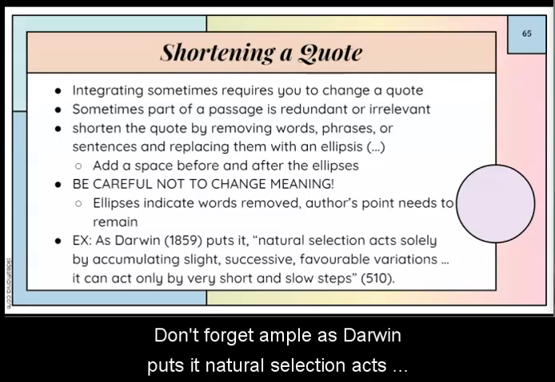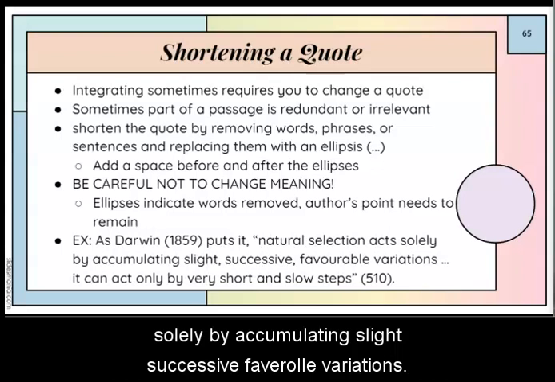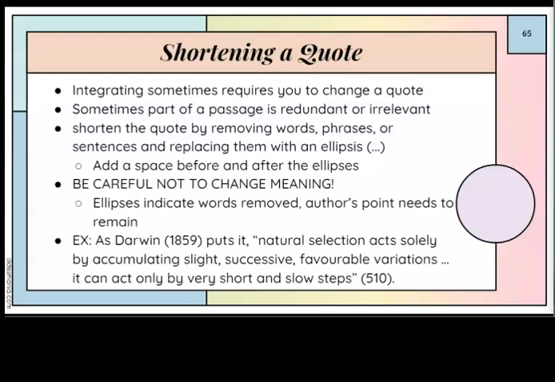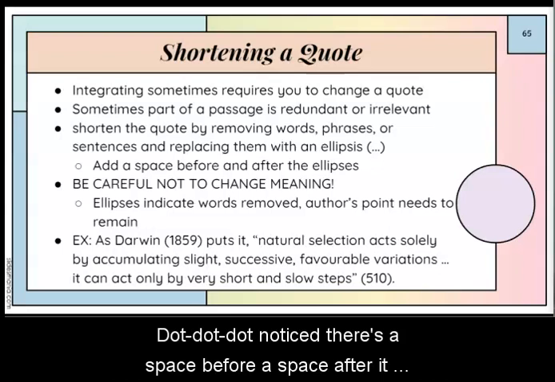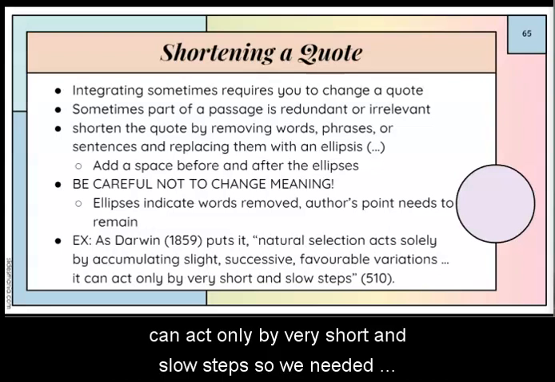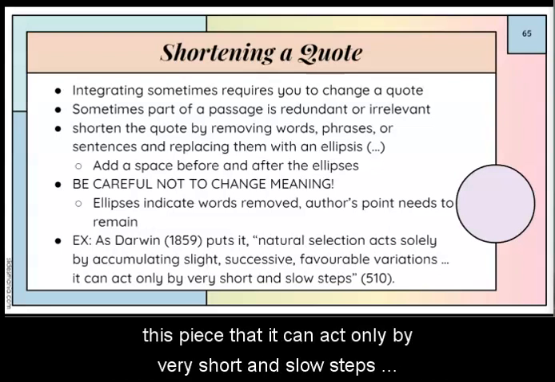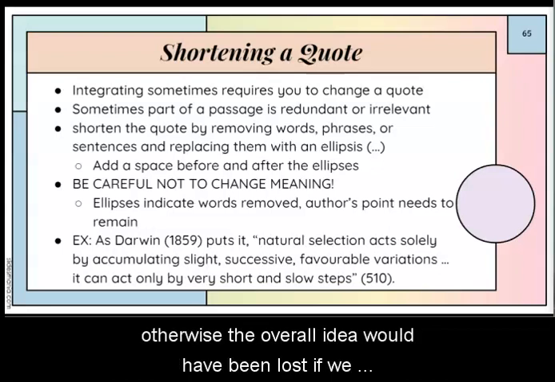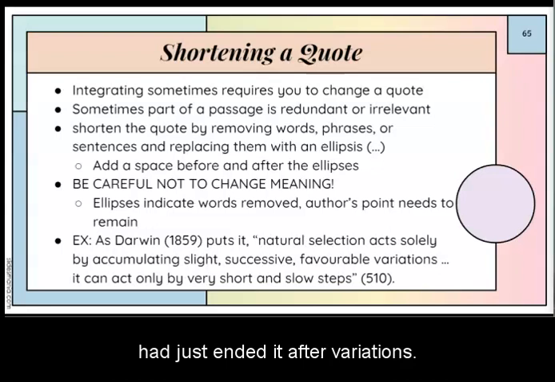So, for example, as Darwin puts it, natural selection acts solely by accumulating slight successive favorable variations, ... Notice there's a space before, a space after. It can act only by very short and slow steps. So we needed this piece that it can act only by very short and slow steps. Otherwise, the overall idea would have been lost if we had just ended it after variations.